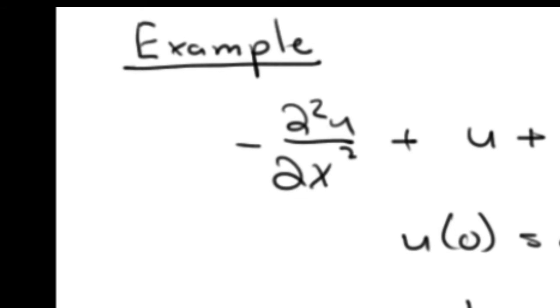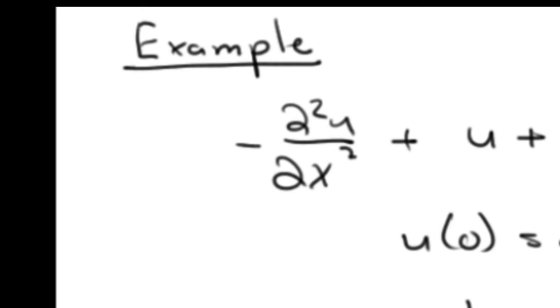Now we have to make this thing satisfy the boundary conditions, right? So u at 0, if I plug in 0 into this equation, that implies that C1 equals 0, right? So if u at 0 equals 0, and I plug that into the approximation function, that implies C1 equals 0.